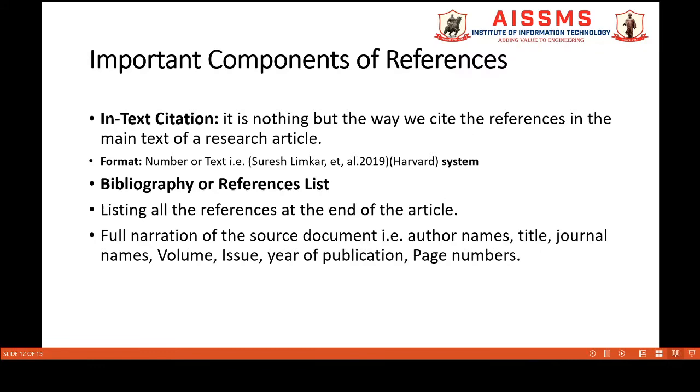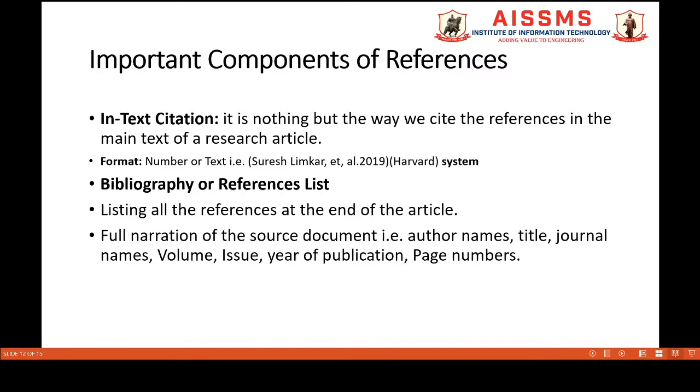Sometimes numbers are written in superscript format, and sometimes the citation uses text, called the author-date format, which is mentioned here. Where my mouse cursor is moving, that means the name of the author and year of publication. That's the author-date format, and this format is most widely known as the Harvard system.